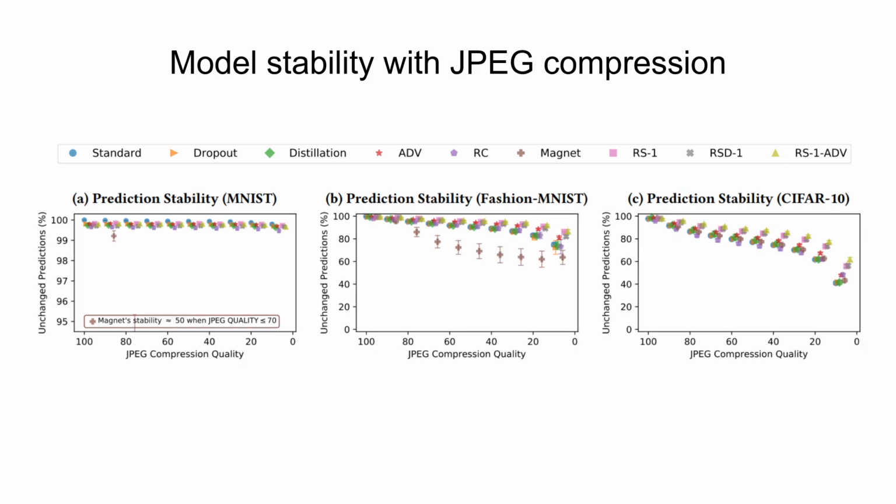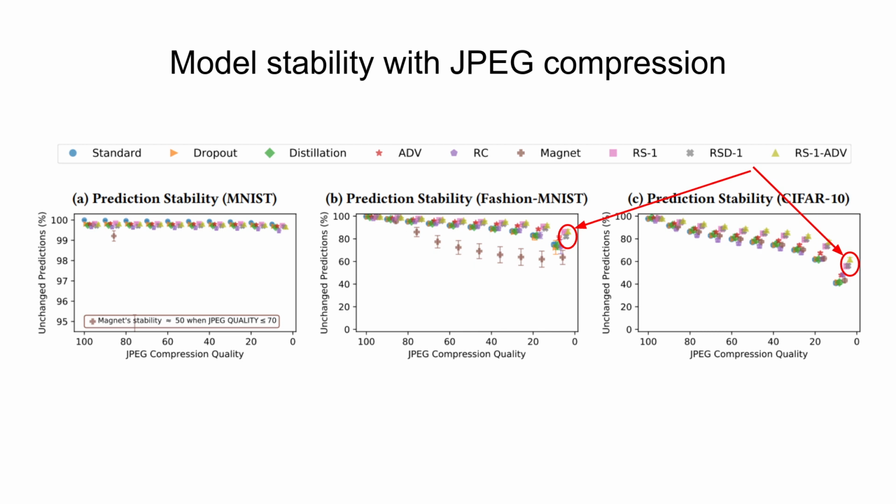This behavior persists if we use JPEG compression as an image preprocessing method. As the compression rate increases, prediction stability will drop, but random spiking still gives a higher level of stability than other mechanisms.